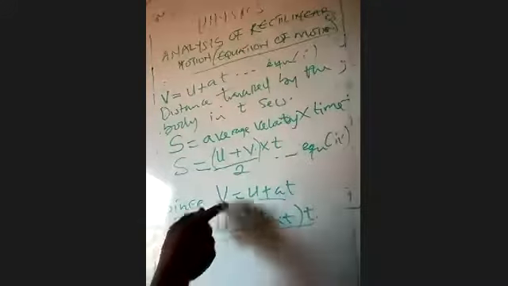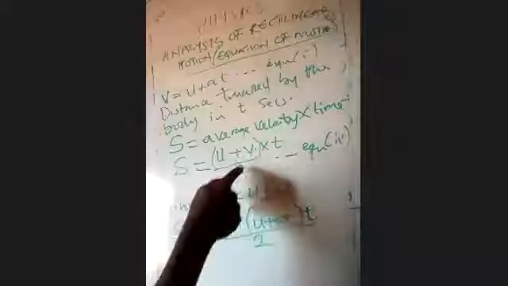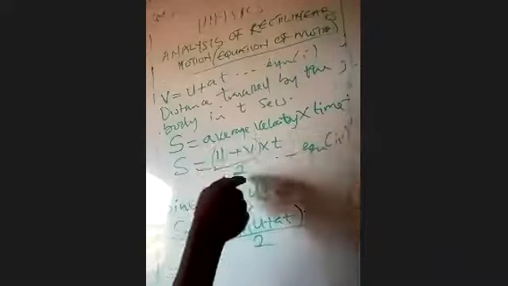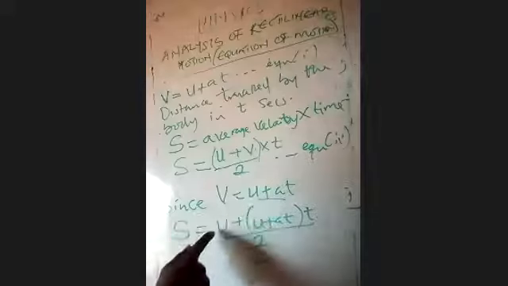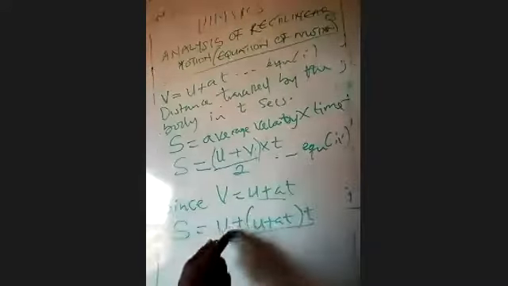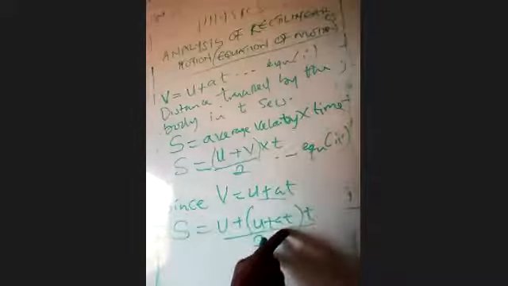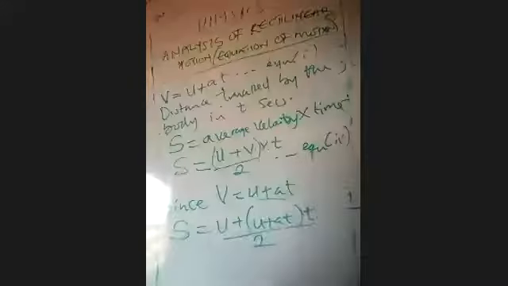Since V, velocity, is equal to U plus a t, but our distance is equal to (U plus V) all over 2 times T. So U plus V all over 2 times T. The V, this velocity, is now U plus a t. Remember that velocity is U plus a t, all over 2 times this T. Straightforward.